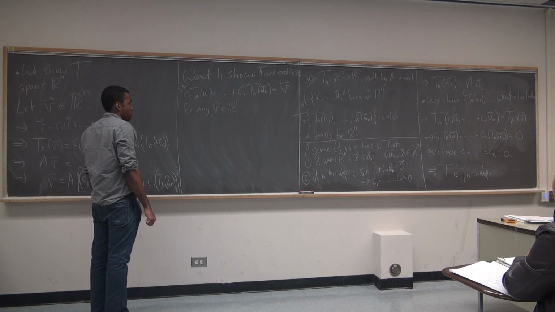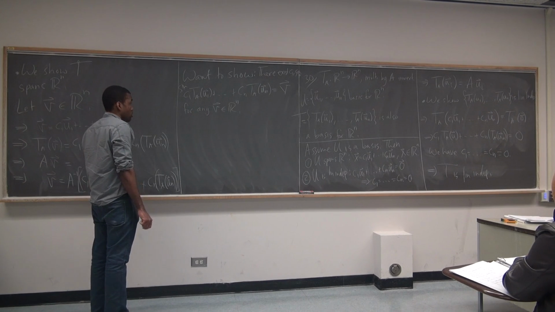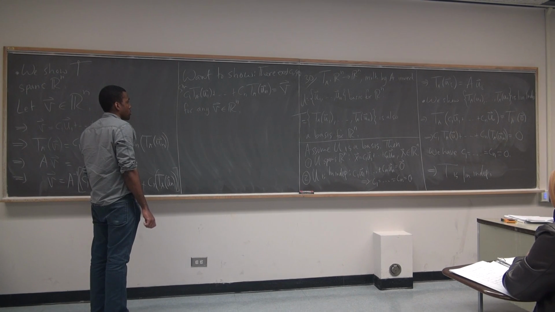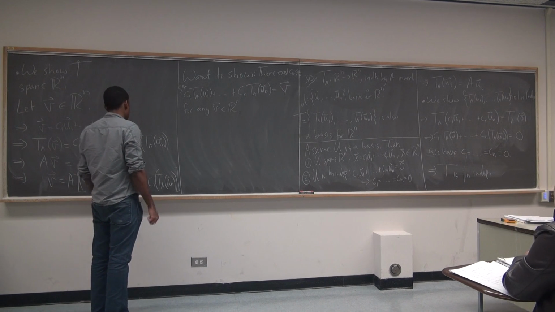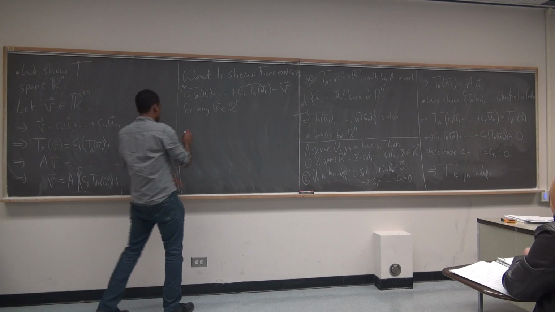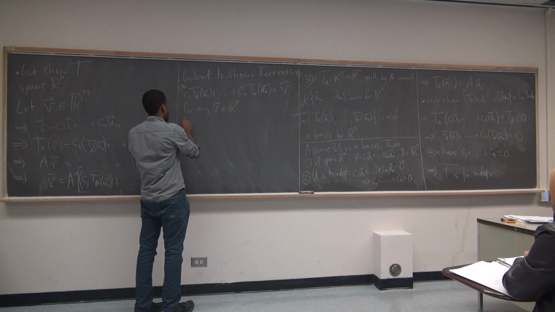And so since TA is a multiplier from Rn to Rn, that means TAV is in Rn, right? You don't want to use T here. So you really do want to try to use the inverse, but you can't use it in this way. We're running short on time. Let's just actually do it.